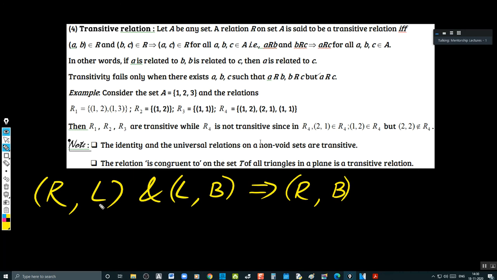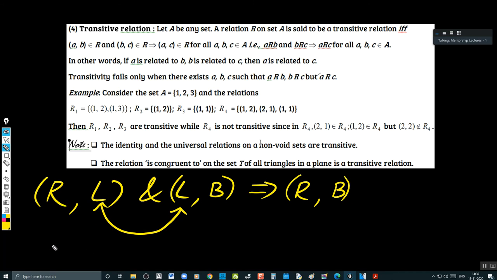Transitive, transferable relation here. What relation is there between R and L? The same relation is there between R and B also. This is nothing but transitive relation.